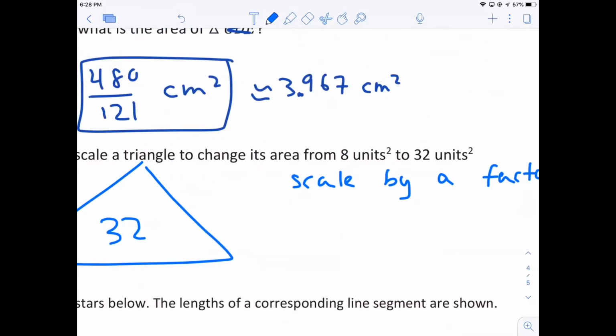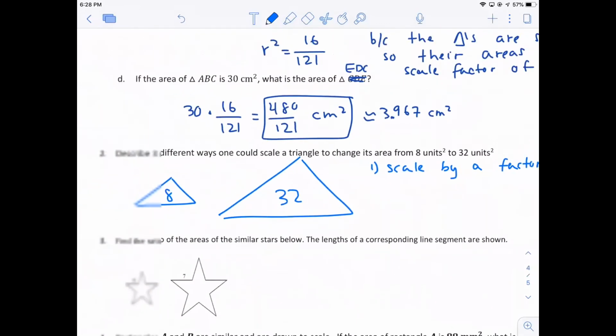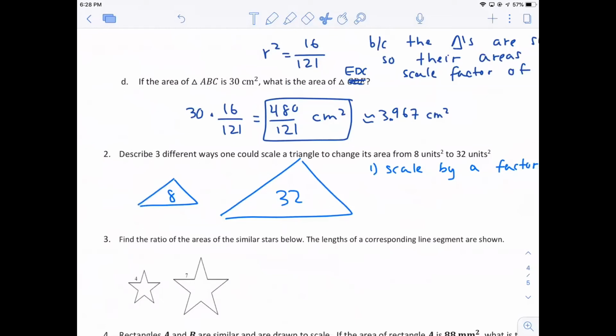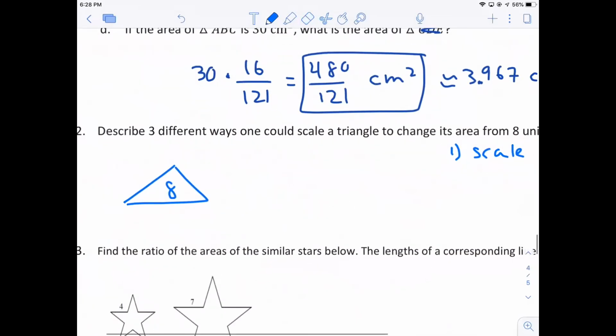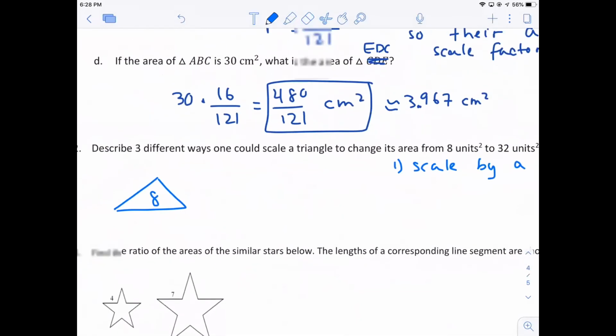That's one way. Right, but we could also scale horizontally and vertically by different amounts. So for example, I could quadruple that length. So I can scale by a factor of 1, 2, 3, 4. And I could make that 4 times as long, and I could keep everything else the same.